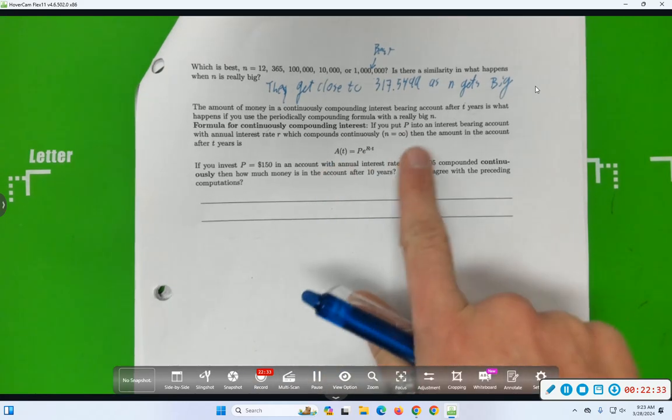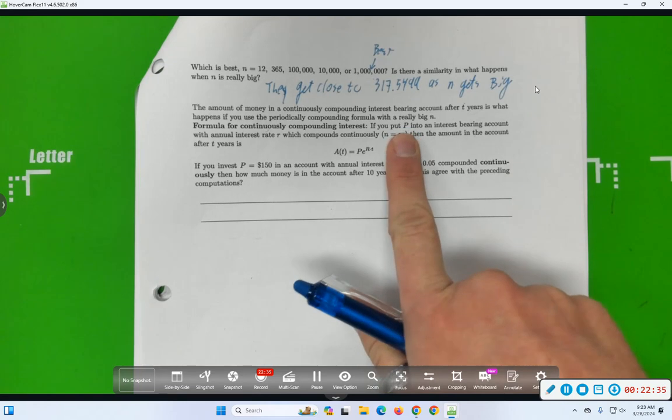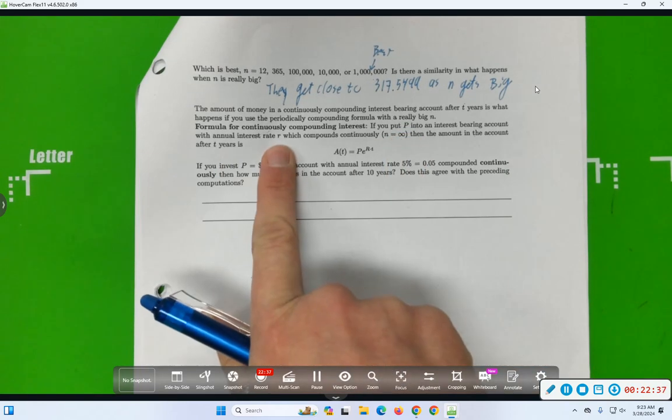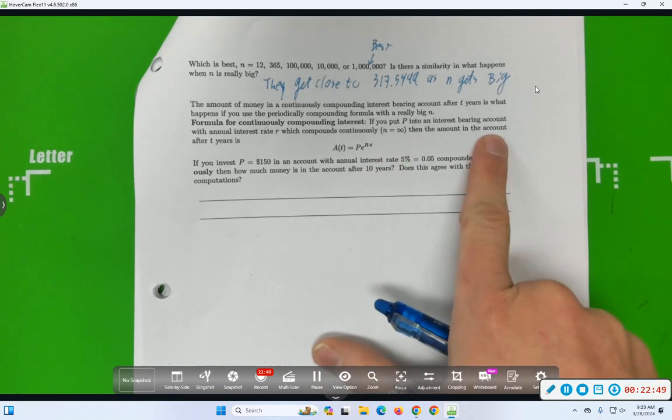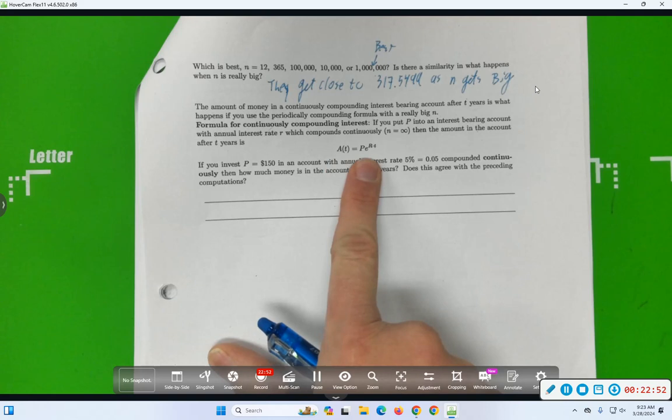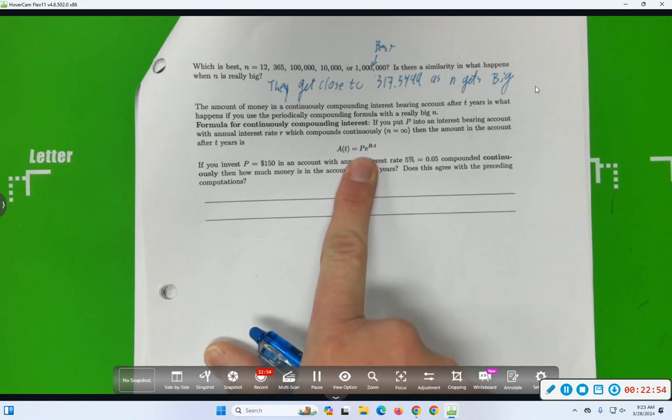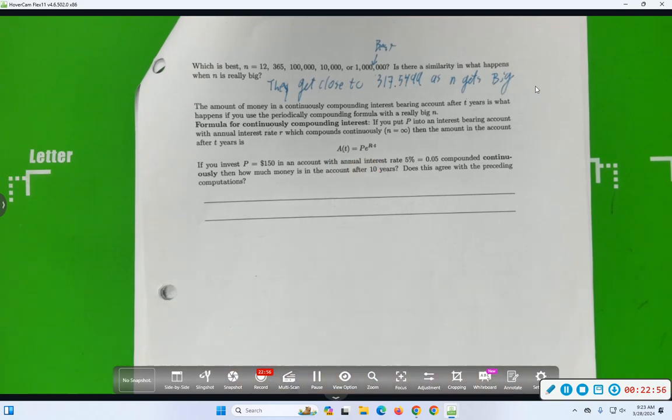If you put an initial interest P into an interest-bearing account with annual interest rate R, which compounds continuously, so you should think of that as being what you'd get if n were infinity, so a horizontal asymptote as n gets big, then the amount in the account after t years is A of t equals P times e raised to the R times t, where e is Euler's number. So let's run this.